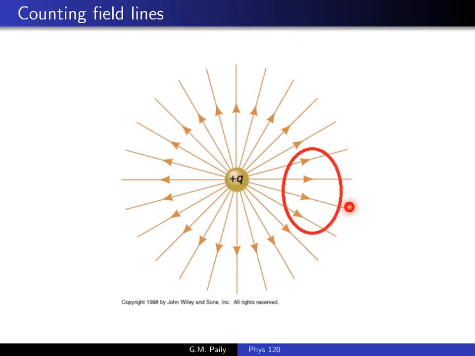But we also have 4 field lines exiting in roughly the same direction as the area vector, which counts as a positive flux. Since we have 4 field lines entering and 4 field lines exiting, the total amount of flux for this entire surface is 0.